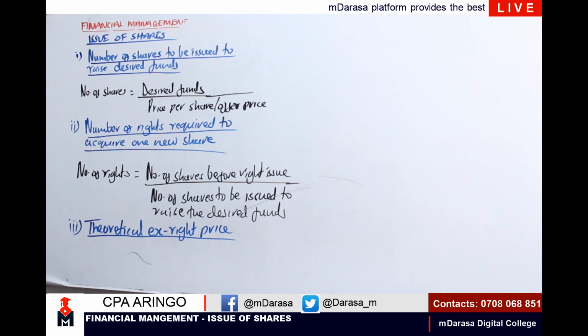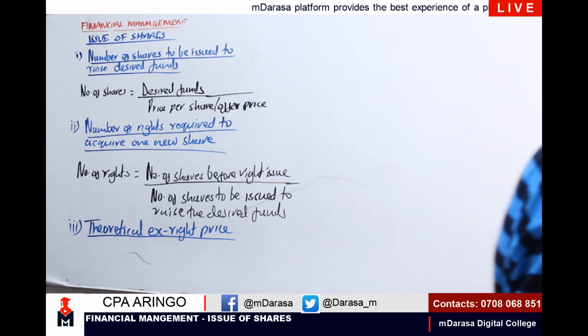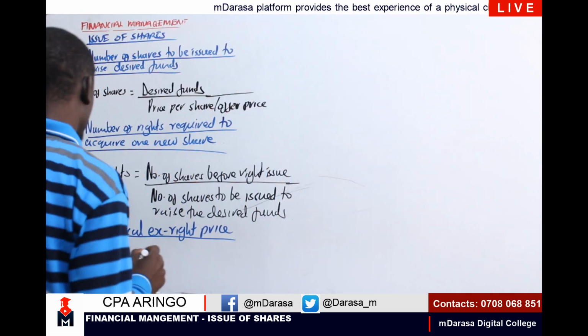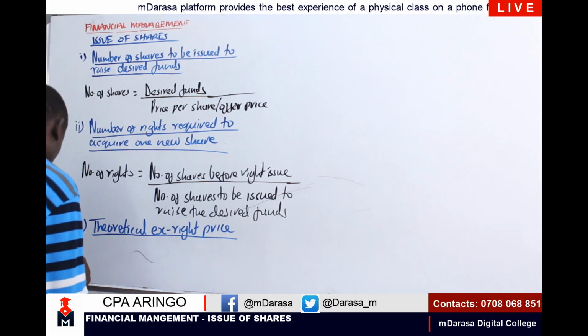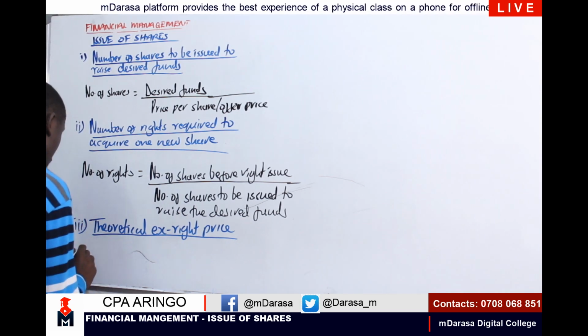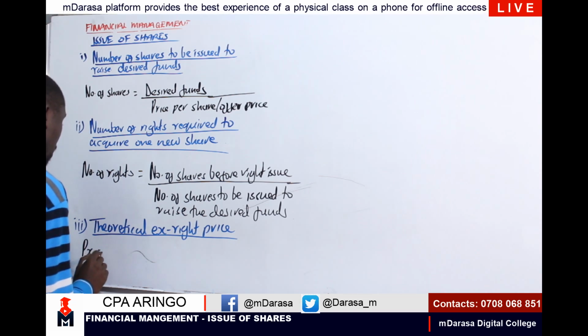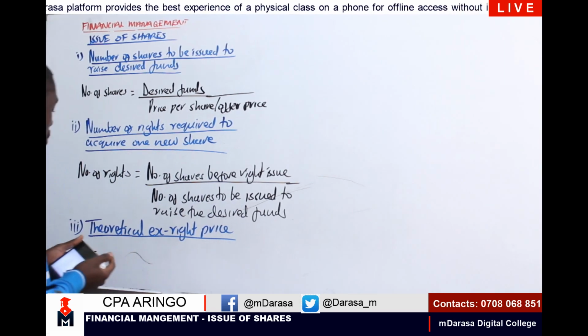To achieve that, basically, we need to consider the price of shares before rights issue. That is a cum right price. So this is a theoretical ex-right price, which you're referring to as PX.